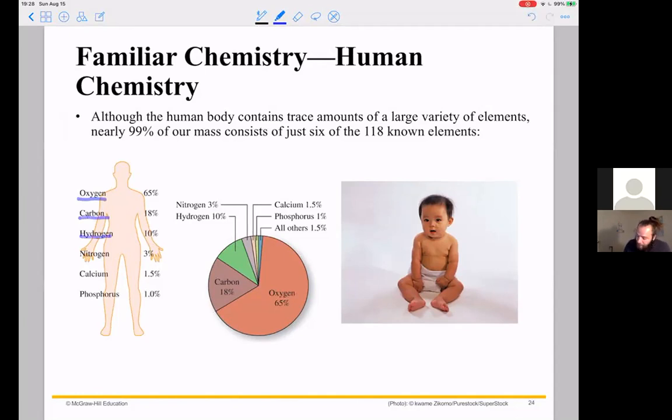There's also a lot of hydrogen, again because there's a lot of water in us, nitrogen, and then we have calcium and phosphorus as well. But all other elements are only 1.5% of our body mass, right? So 98.5% of your body is composed of just 6 different elements.